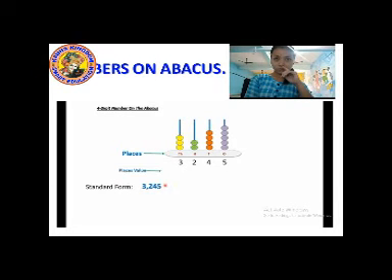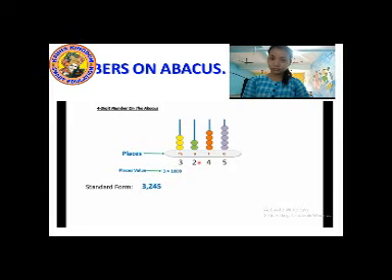You know what place value is? Place value of a digit is the digit multiplied by the place where the digit is. For example, look here. 3 is at thousands place. So the place value of 3 will be 3 multiplied by 1000. Now go to the next place, that is hundreds place.